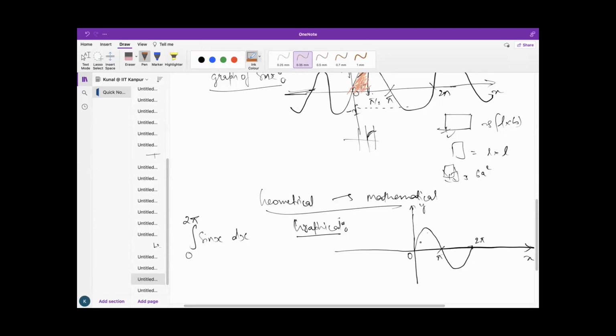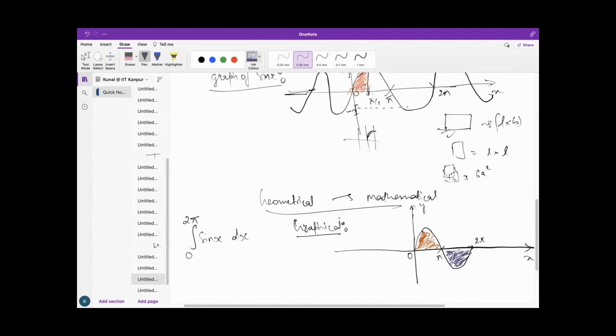This is our first region, which lies above the x-axis, and this is our second region, which lies below the x-axis, right?